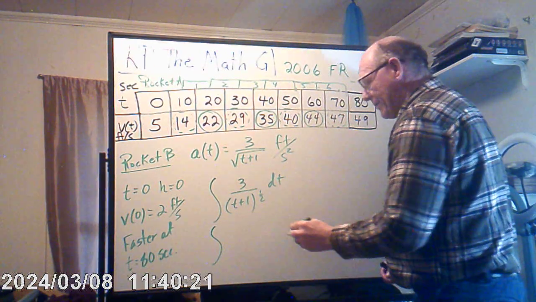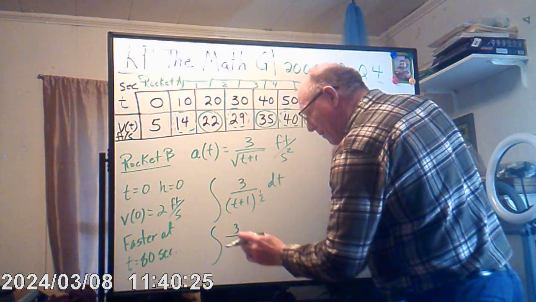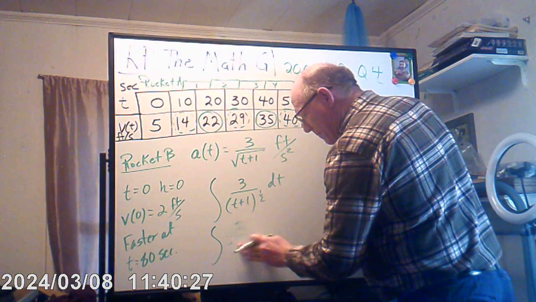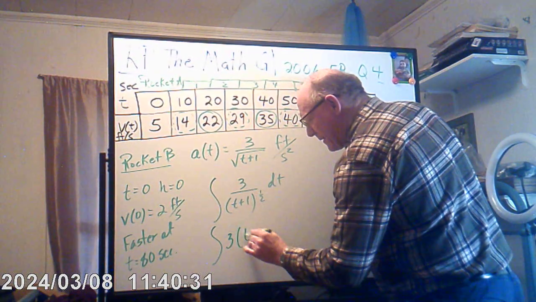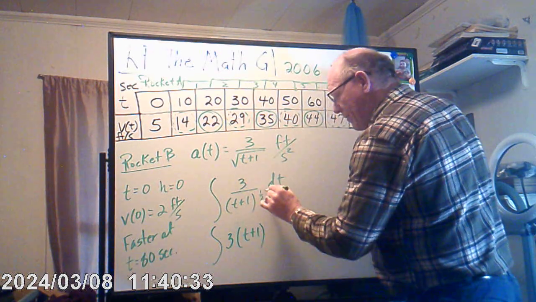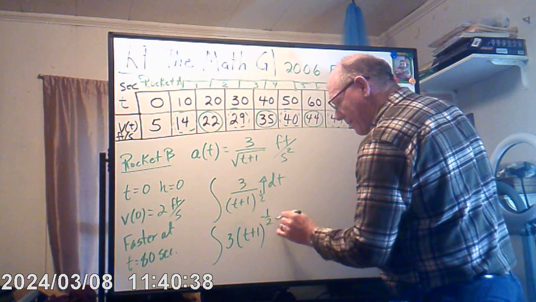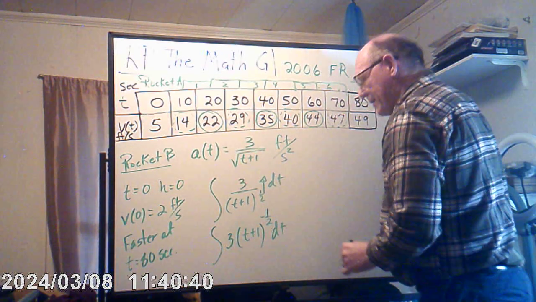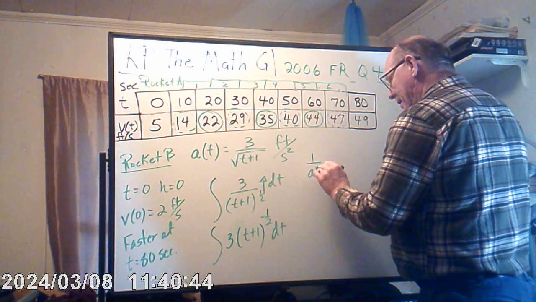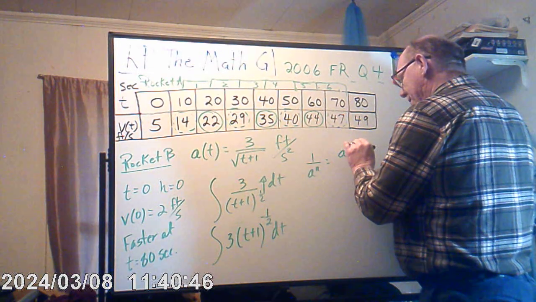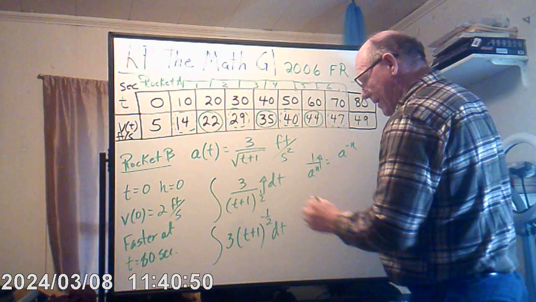Alright, so what I have is 3 times (T plus 1), no, I'm sorry, my bad. If you bring this up, this will be to the negative 1/2 dt. Alright, so in other words, 1 over A to the n is equal to A to the negative n, and that's what I did. I brought it up and made it negative right there.